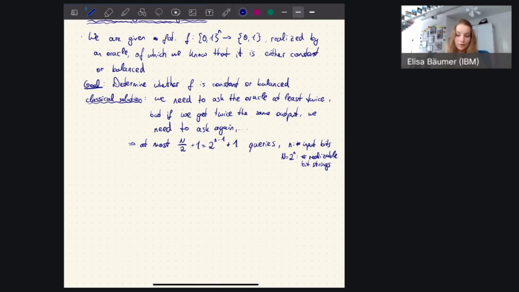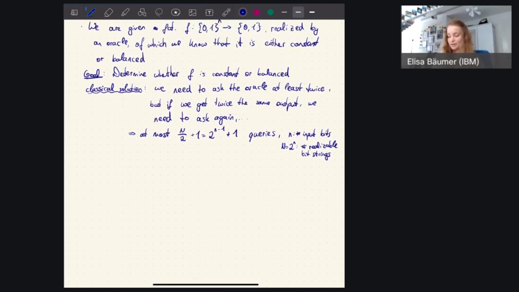If you throw it once, you don't know whether it's constant or not, but once you throw it more than half the number of different ways that you can throw it, then you know at some point whether it is fair or not. Of course, that's not accurate, because you have more than 2 to the n different ways to throw it.